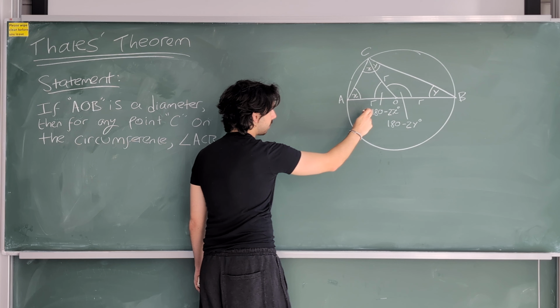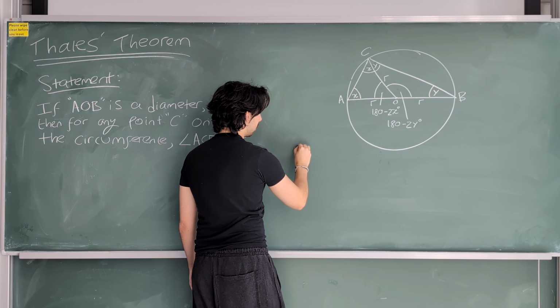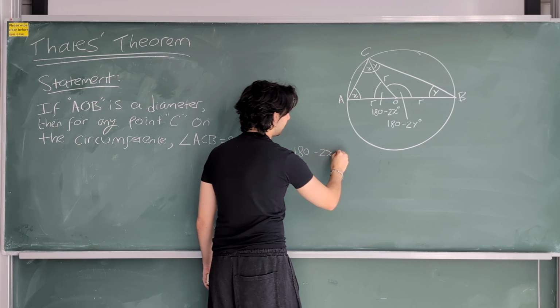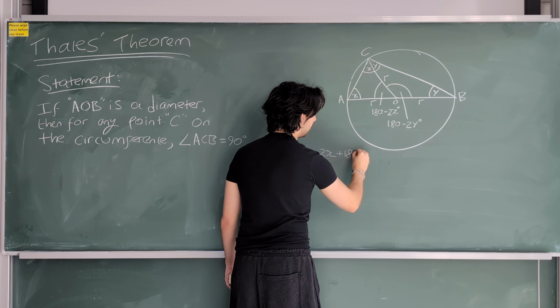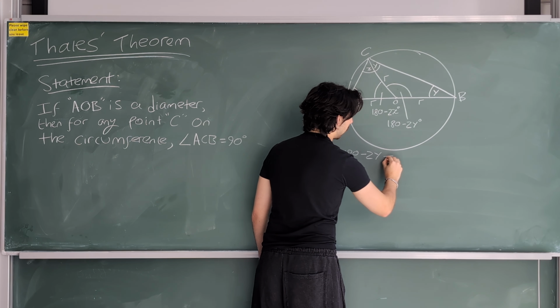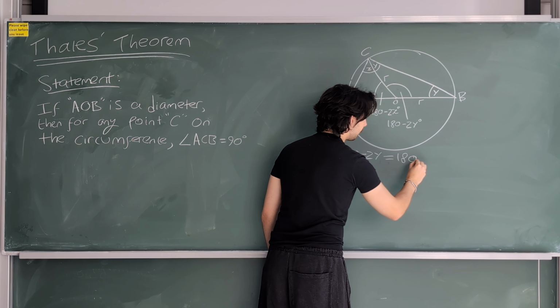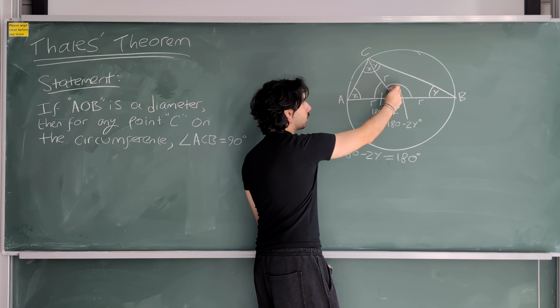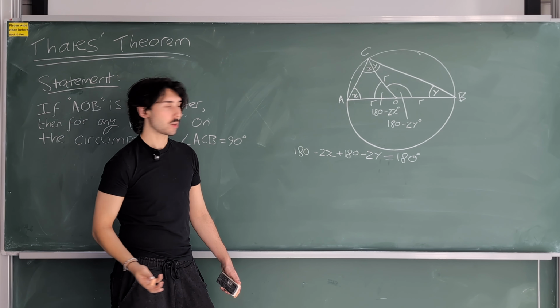So if I write these two angles added together, the first one is 180 minus 2x, and the other one is 180 minus 2y. This should be a 180 degree angle, okay, because it's two angles on a straight line, okay?